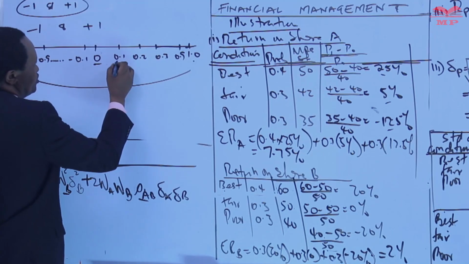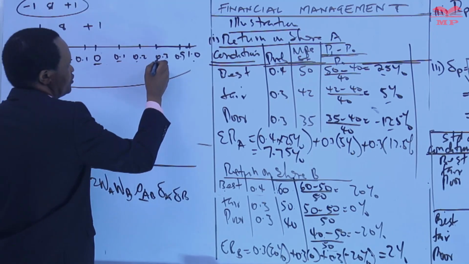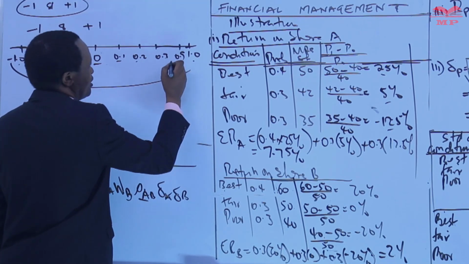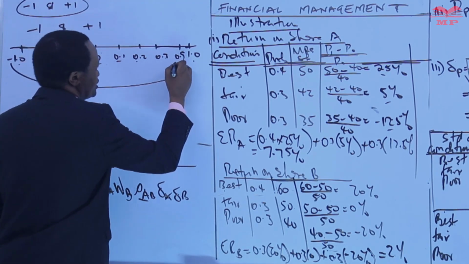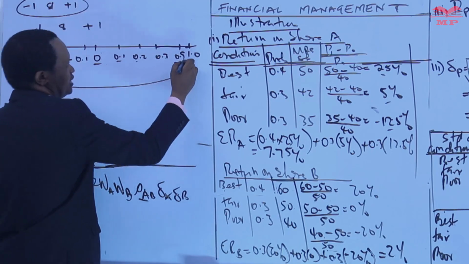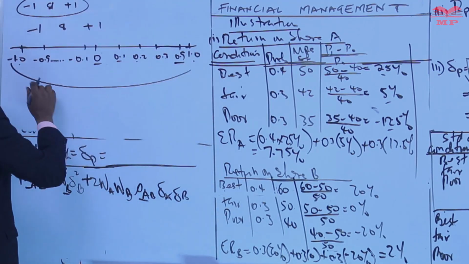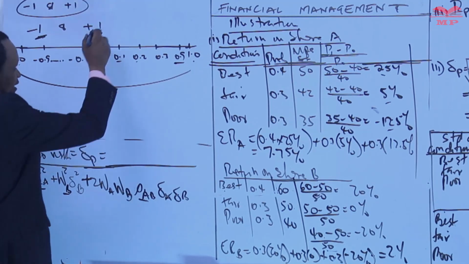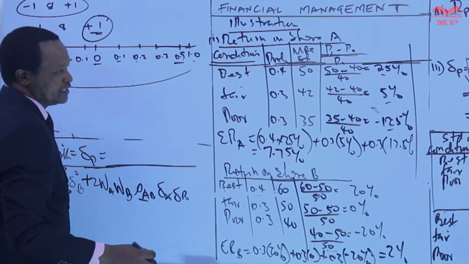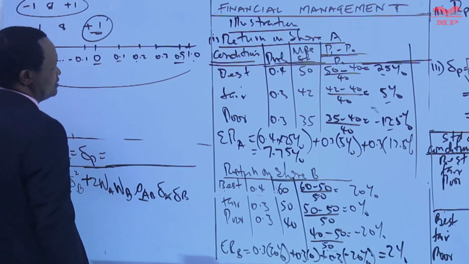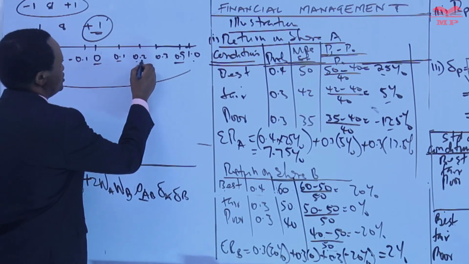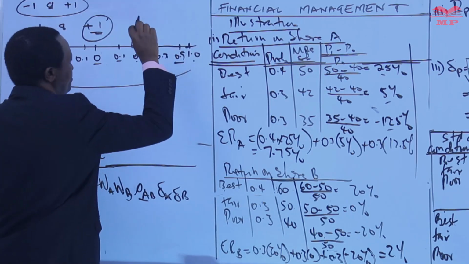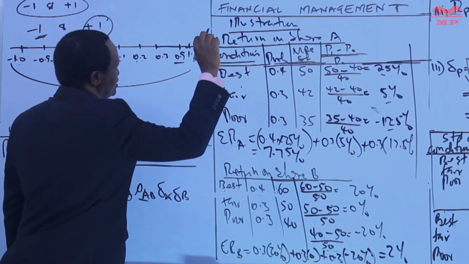It can be 0.1, 0.2, 0.3, 0.4, 0.5, 0.6, up to 0.9, then 1. So it lies between these two points. So if it is 1, then it's perfect. But it can also be 0.2. This is, you see, it's positive. Positive 1 is a perfect positive relationship.